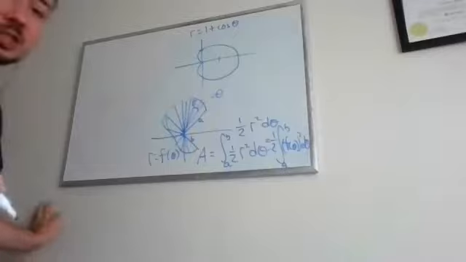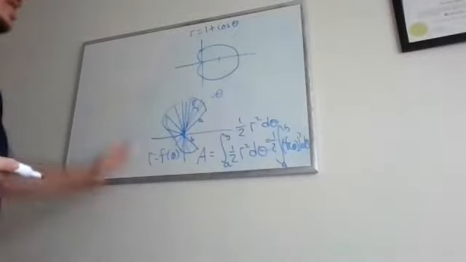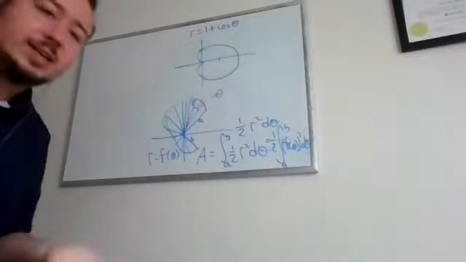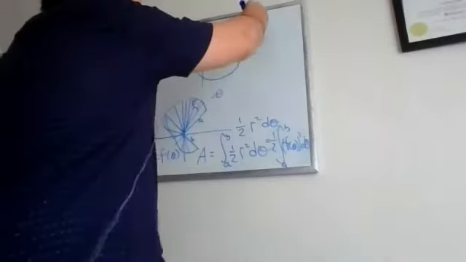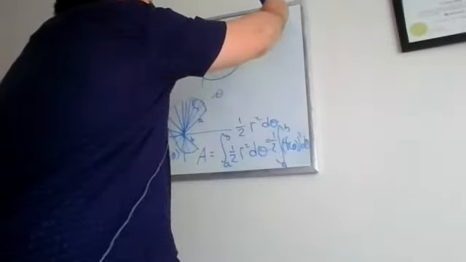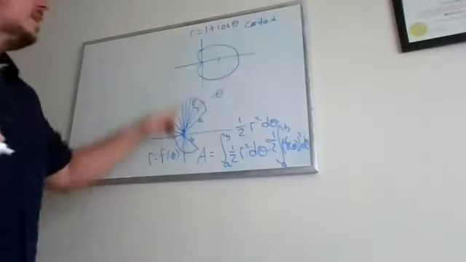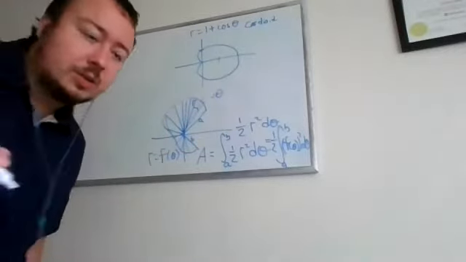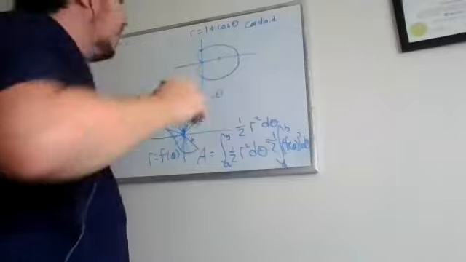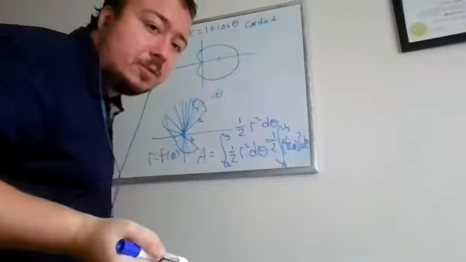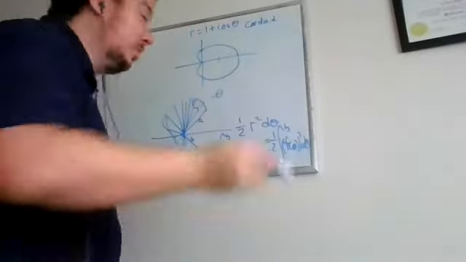And by the way, this curve has a special name. This is called a cardioid because it kind of looks a little bit like a sideways puffed up heart. All right, well, let's say we wanted to find the area enclosed in this cardioid. Now, the way I'm going to draw my area is a bit different from the way we do rectangular integrals.